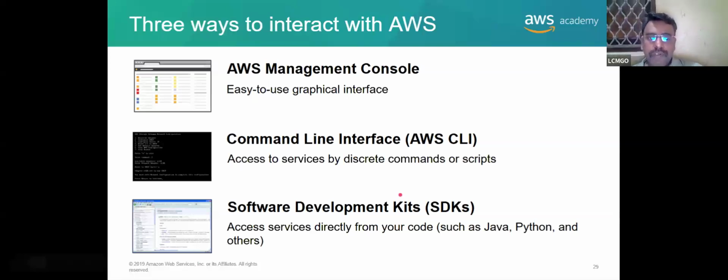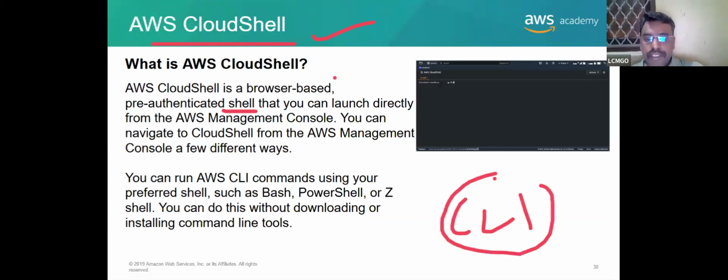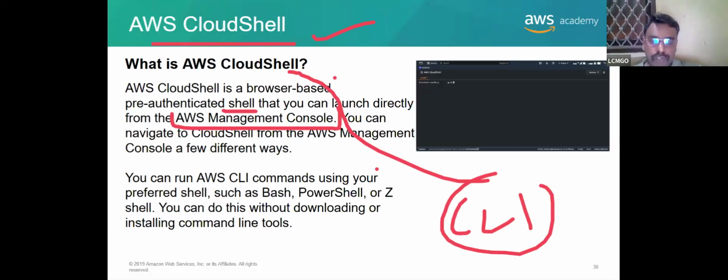And one more thing is called CloudShell, which is nothing but a browser-based, pre-authenticated shell which you can launch directly from your AWS Management Console. That is like the CLI. We have the CLI in the cloud itself, in your Management Console. So here in CloudShell, you can write commands for PowerShell or Bash. You can do this without downloading or installing any command line.